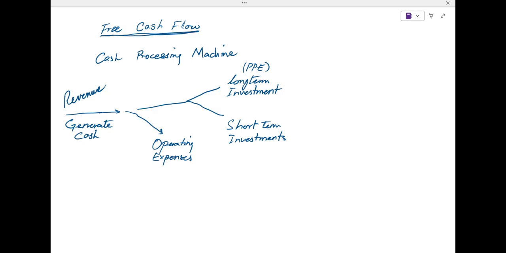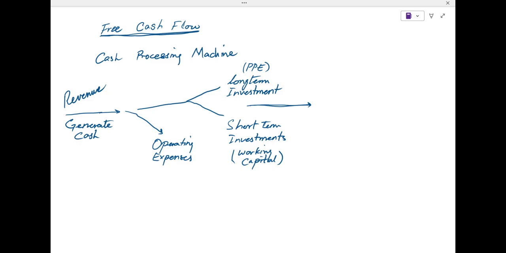And these short-term investments are like inventory and receivables, and they are usually called working capital.